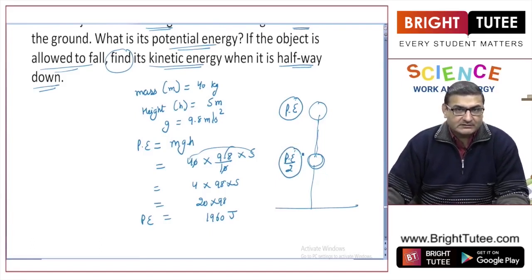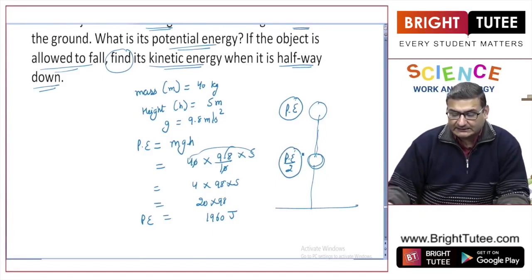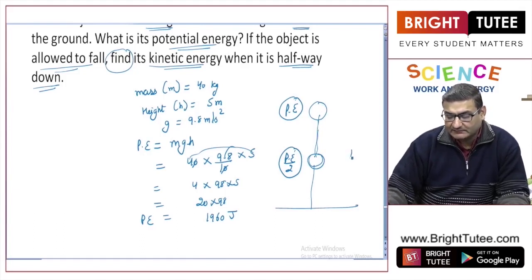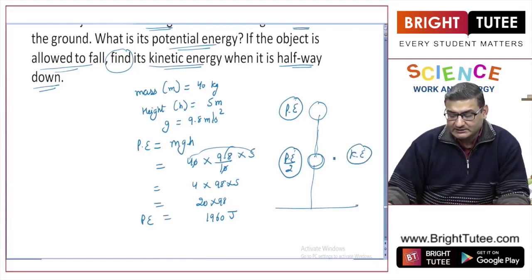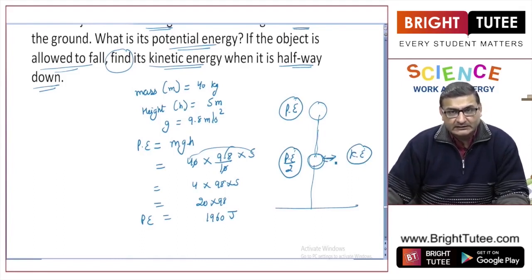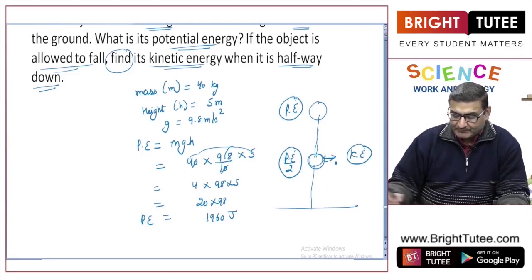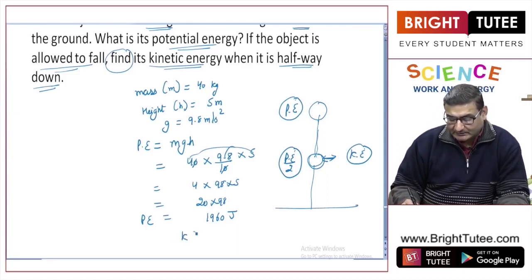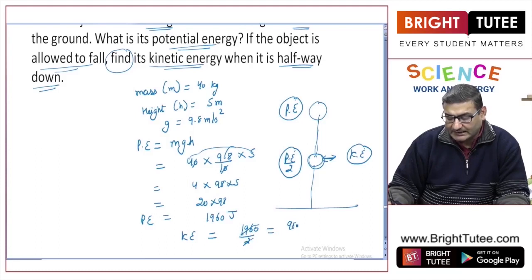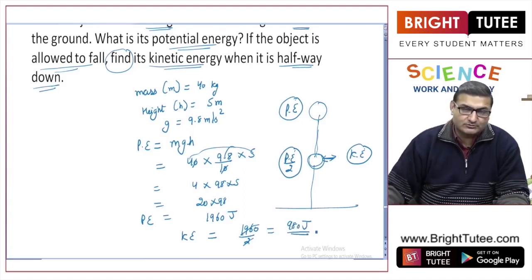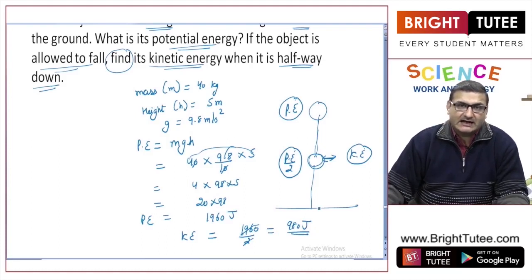And because of the law of conservation of energy, we have seen that the potential energy is getting converted into kinetic energy. So at this point, when this object is halfway down, the kinetic energy will be equal to half of the potential energy. Potential energy we have just calculated, 1960. So once again, if I calculate half of it, it comes out to be 980 joule. So this will be the kinetic energy when this object is halfway down.